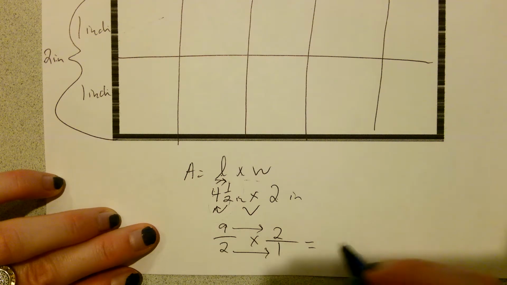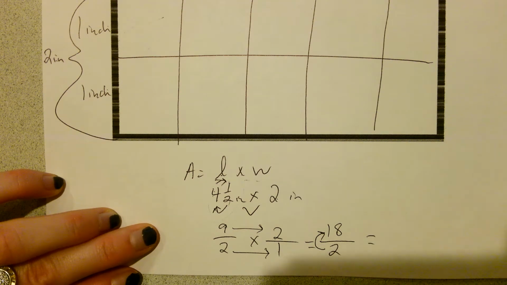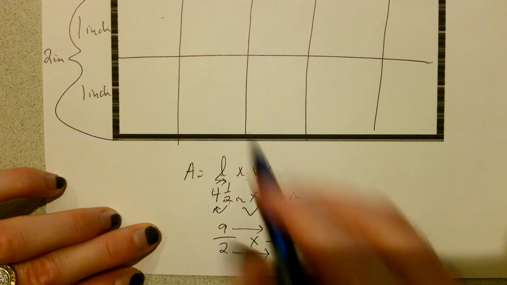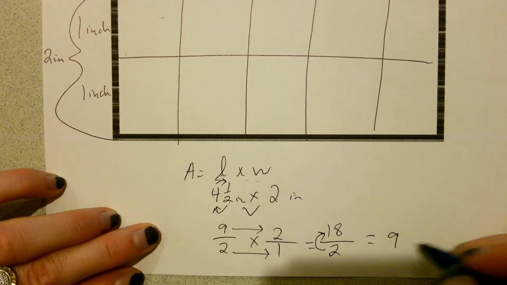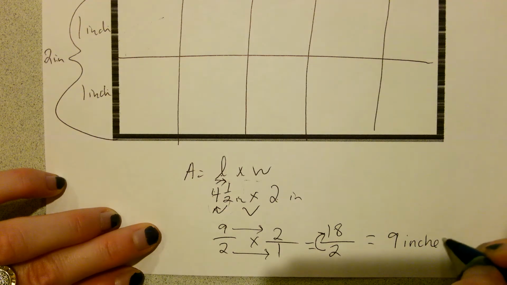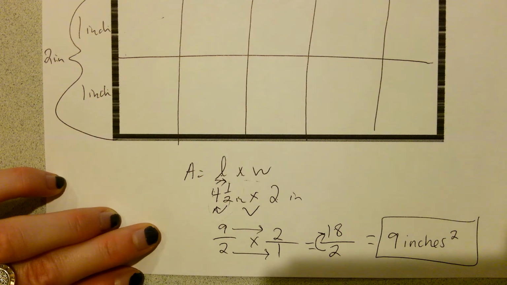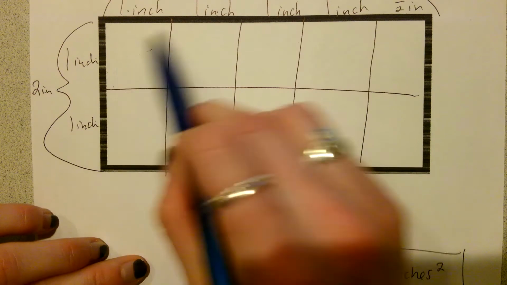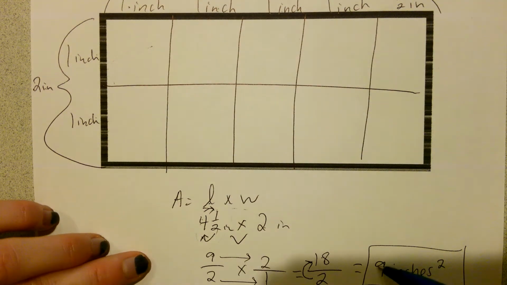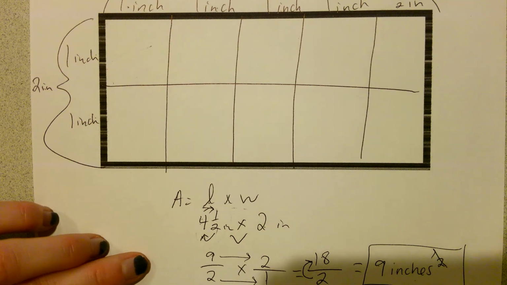So 9 times 2 is 18, and 2 times 1 is 2. I can change this into a whole number. 2 goes into 18 9 times. So I can say in this shape, I have 9 inches squared of area. This shape holds 9 inches squared of area.